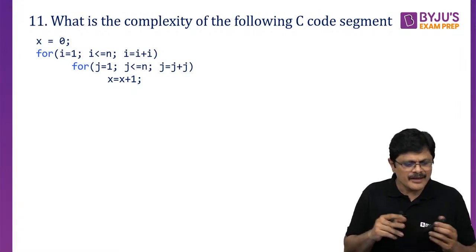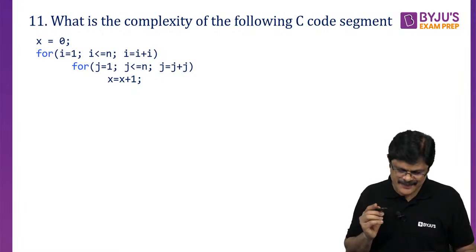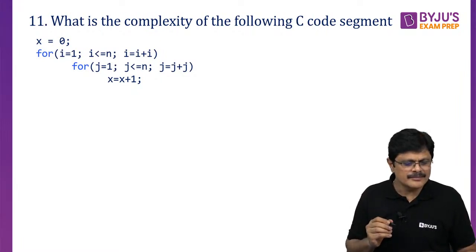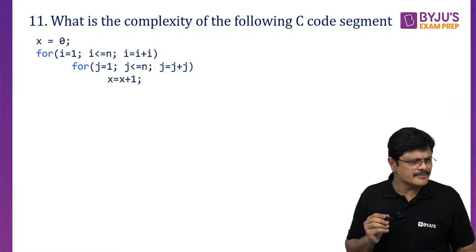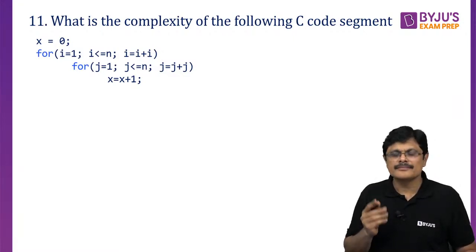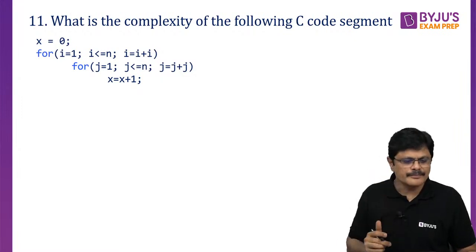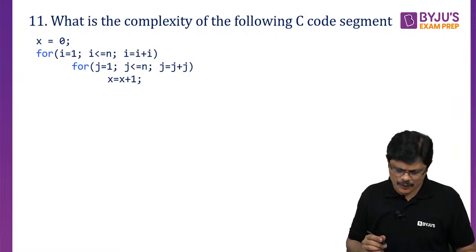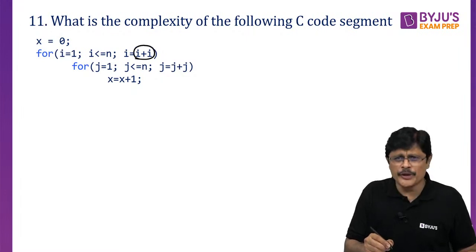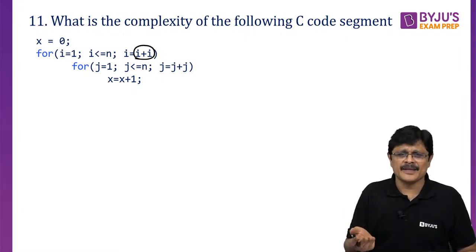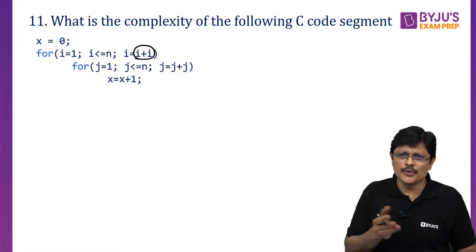Right, next problem. Who is answering this? This was a slightly difficult problem. To confuse you, sometimes 2 into I may be given as I plus I. I plus I is equal to 2I.